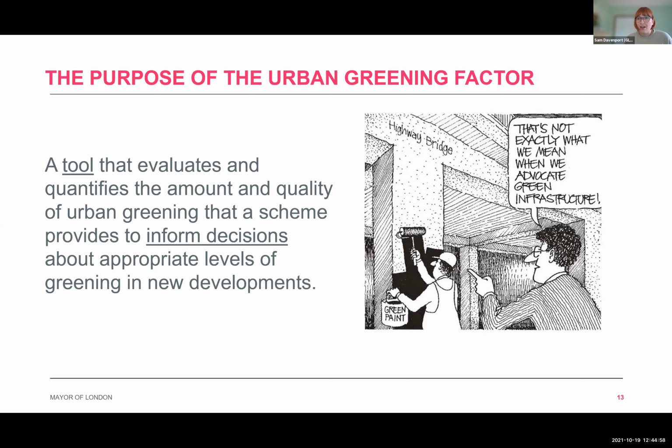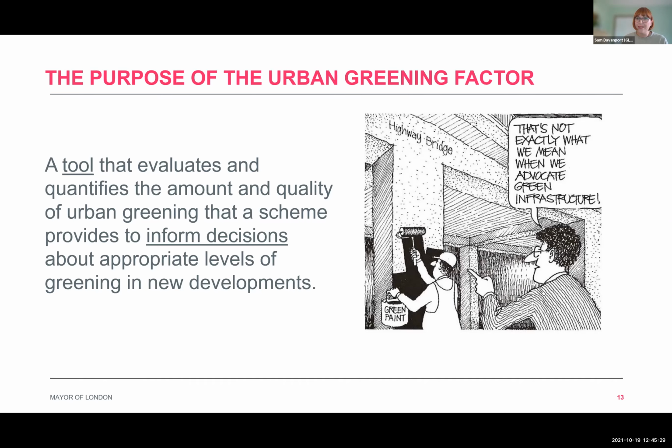But actually, at its heart, the UGF itself is a tool to help discussions around whether the appropriate amounts of urban greening, and good enough quality urban greening, are being proposed in new developments. And it's a tool that allows conversations between applicants and the local planning authorities of boroughs, or when a scheme's referred to City Hall as a referable application to the mayor, to allow those discussions to take place about whether the right amount of greening is being provided.